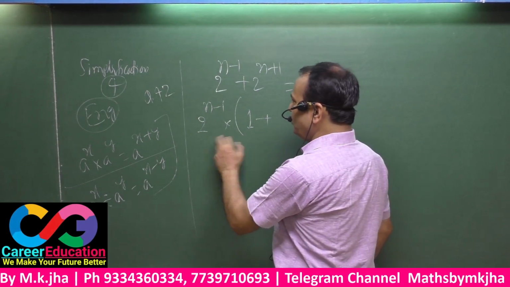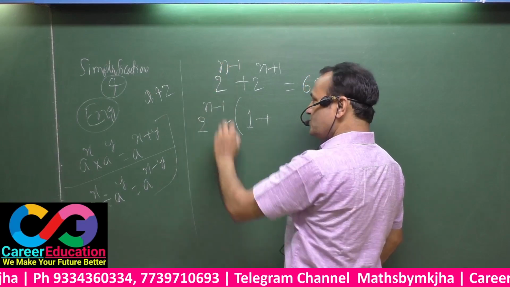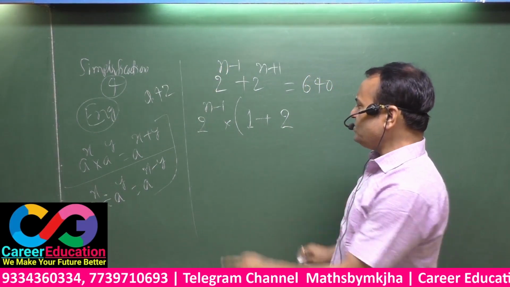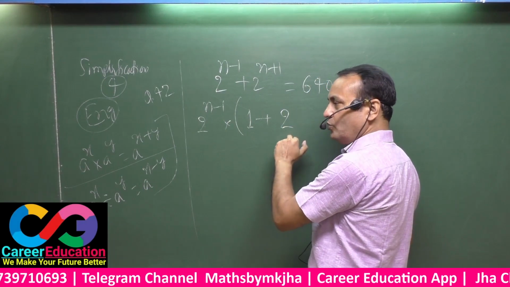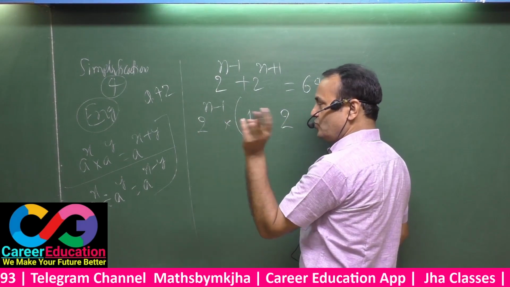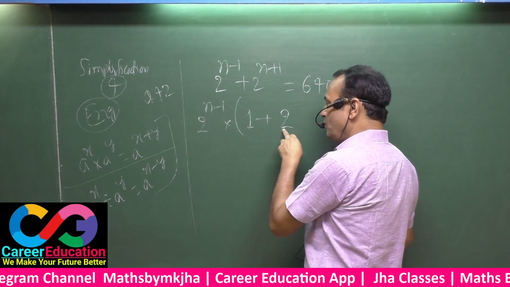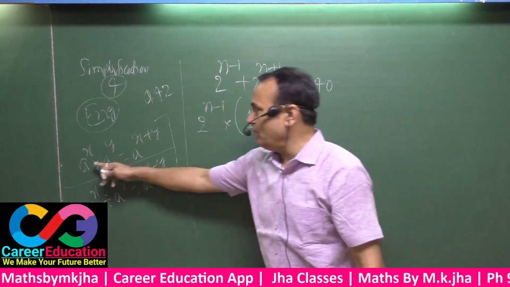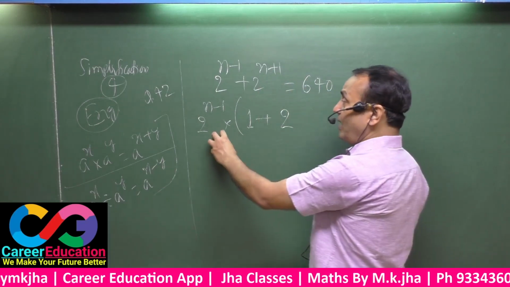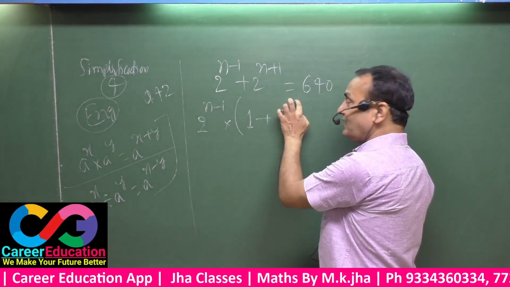After multiplication of these two, this will be obtained. Certainly, see here, the base is 2, that's why here the base must be 2. If the base is 3 in the next question, certainly here it will be 3, then you have to write 3 here. The same base must be taken, so that this formula will be applied here. That means 2 power n minus 1 into 2 power what?